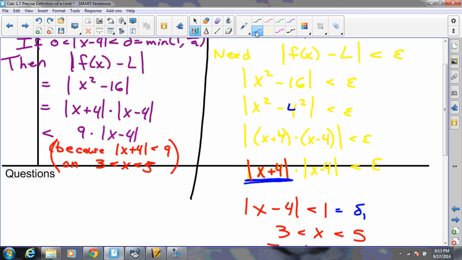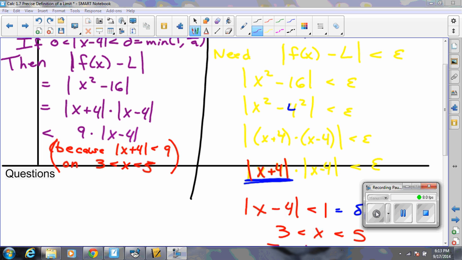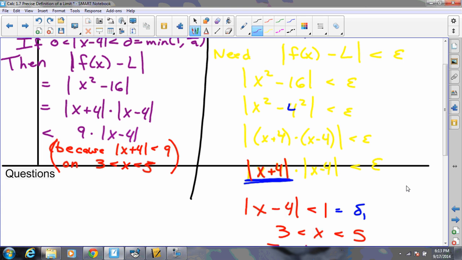All right, so from there, we'll continue and make another substitution, which is less than 9 times delta. And just in case people aren't sure why that part's true, we can put in the comment, because absolute value of x minus 4 is less than delta by the assumption.